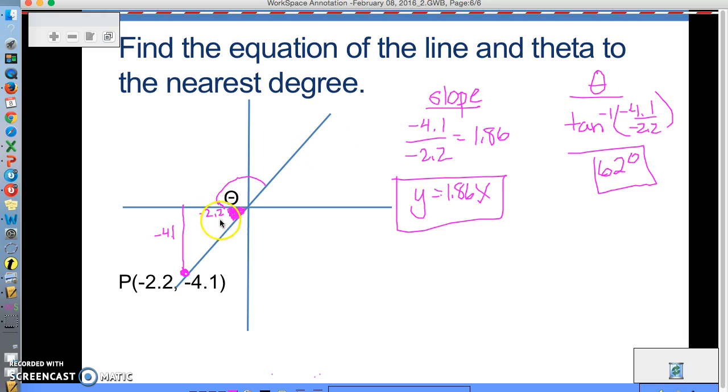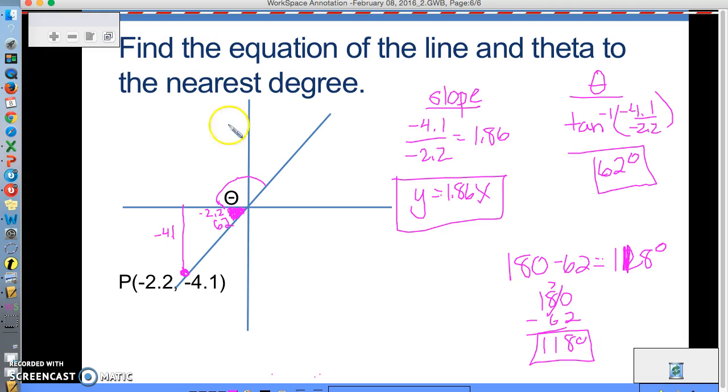So we got 62 degrees right here, but we need to find just this part. Well, the whole thing's a line there, so 180 minus 62, 128 degrees. Whoops, 118 degrees. My bad, I feel like minus 62. Yep, 118 degrees.